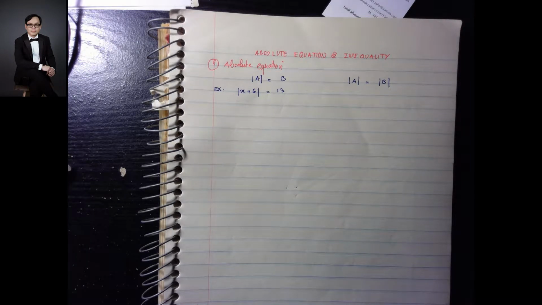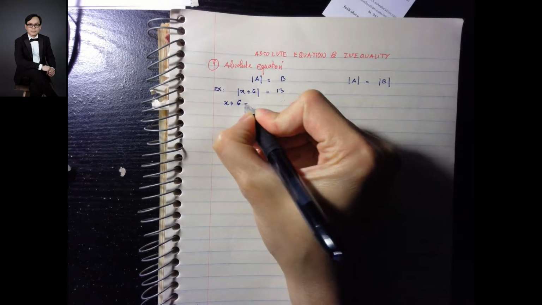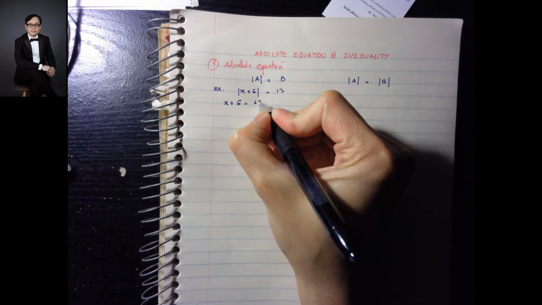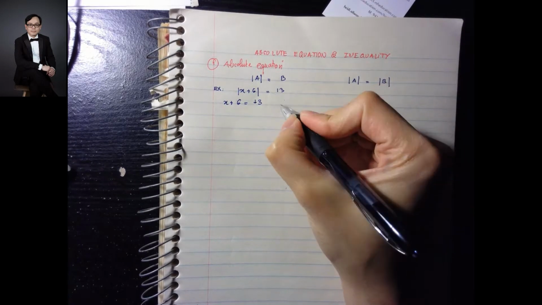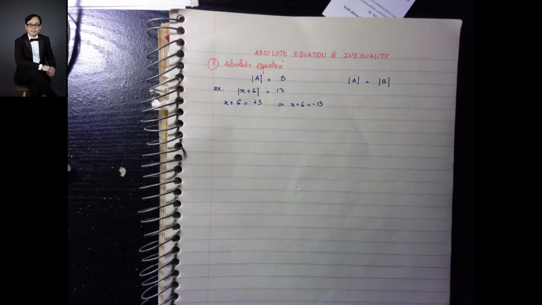So how are we going to solve this? Remember, absolute value will give you positive and negative. When you take absolute of a positive number it gives you positive, and when you take absolute of a negative number it also gives you positive. So I can split this up into 2 cases, one positive and one negative.